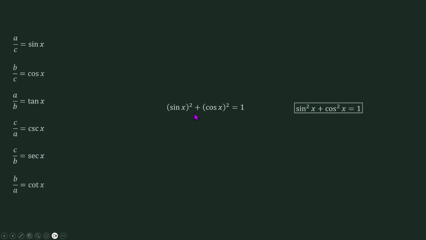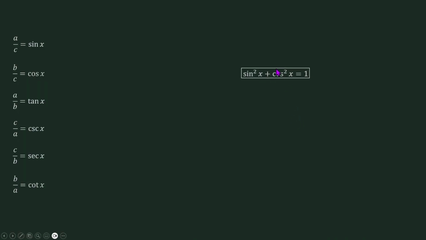So we can simplify it as sine square x plus cosine square x is equal to 1. This is our first identity, the Pythagorean identity for sine, which is sine square x plus cosine square x is equal to 1.